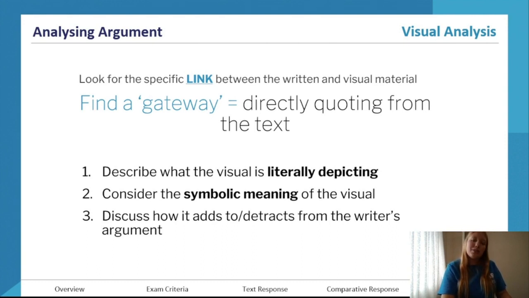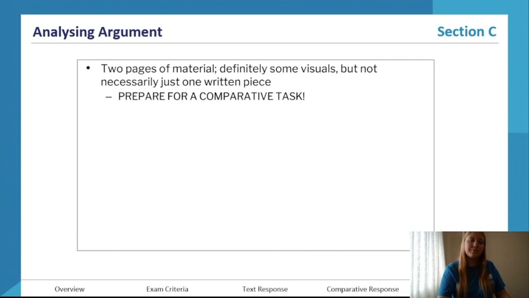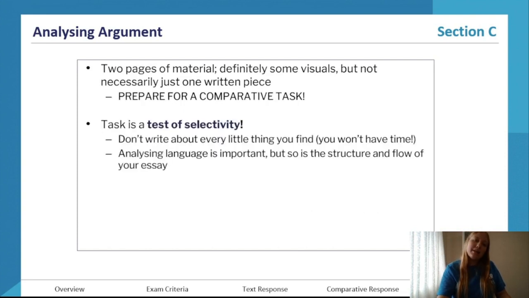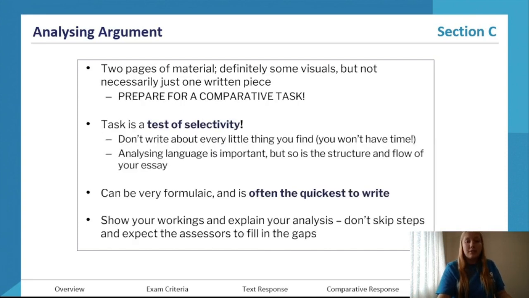It's only going to detract from the writer's argument if it's not embedded in the text, if it's a standalone image that is intended to be acting as a comparative material. If it's embedded within the text, generally, it's always going to relate to our argument. We'll come back in a little bit more detail to visual analysis, but that's just the last thing we're going to go through.